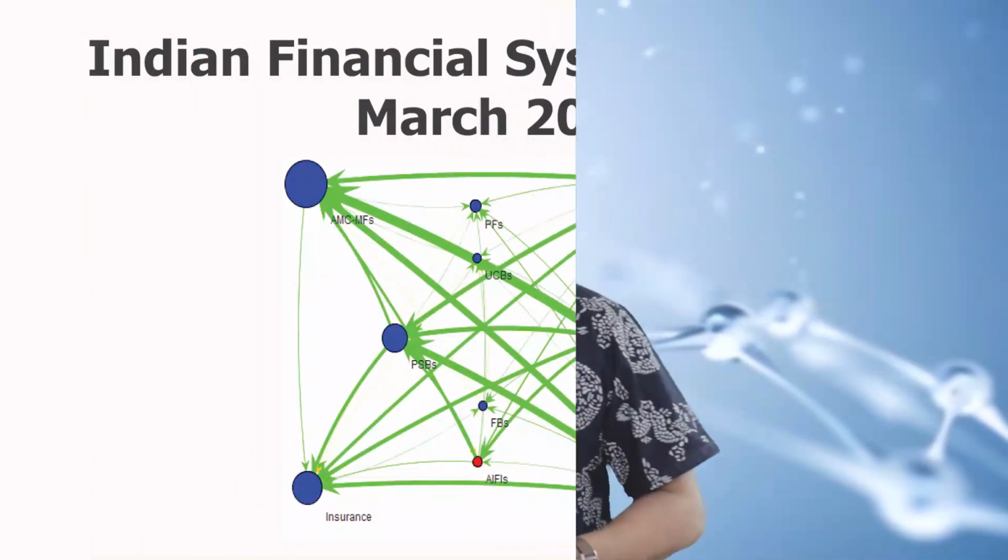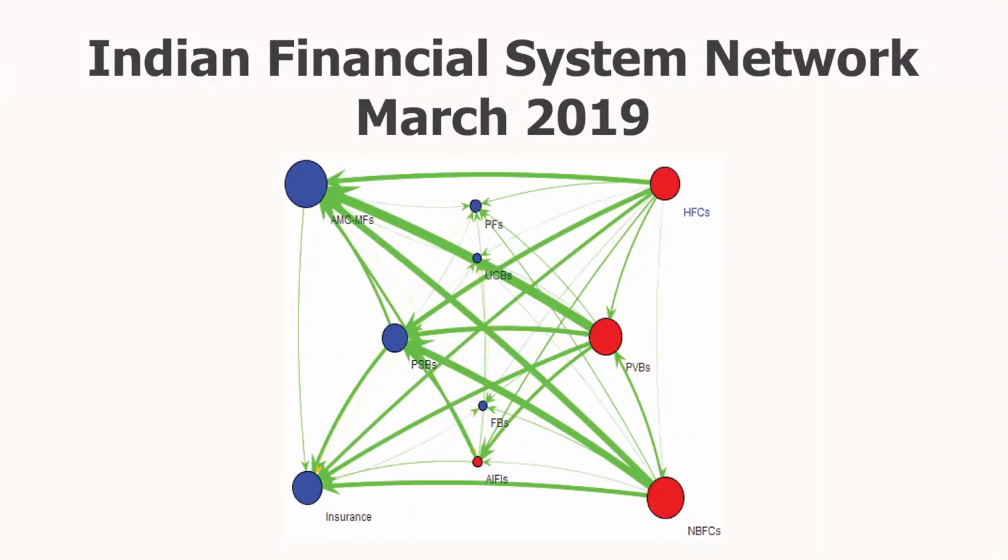Now, of course, we have other episodes like this as well. More recently in India, you had several financial stresses happening in the system. And again, here is a representation of how India's financial system is interlinked. You have banks, you have insurance, you have NBFCs, and all kinds of other groups.